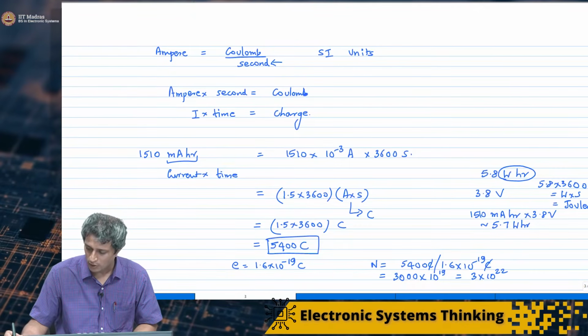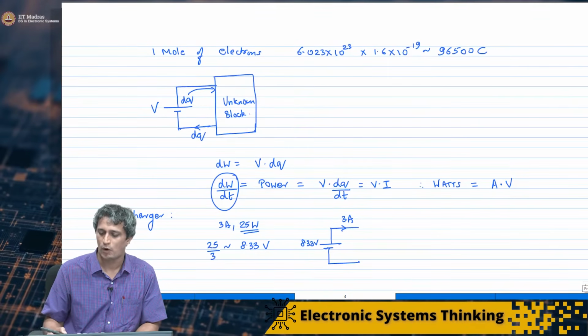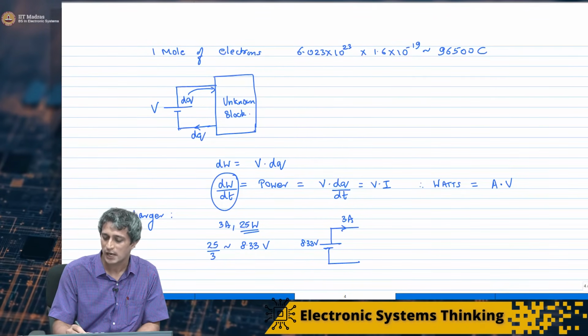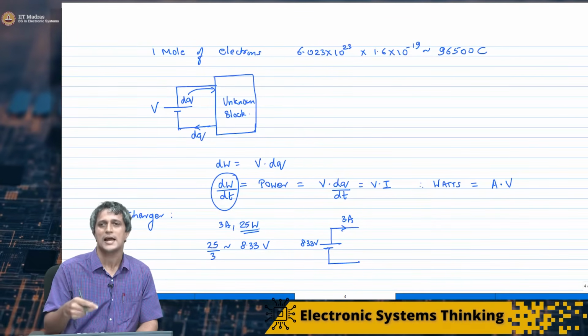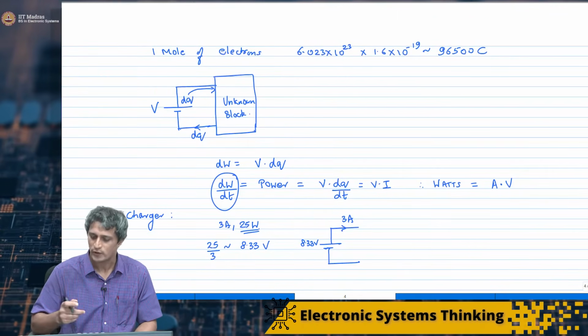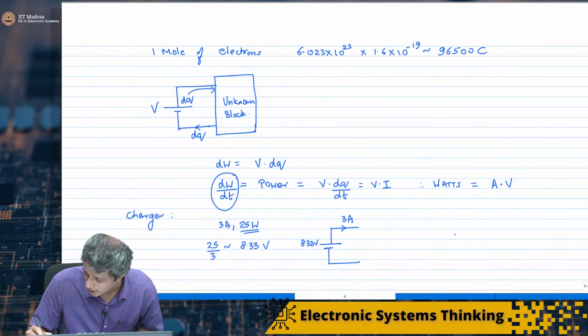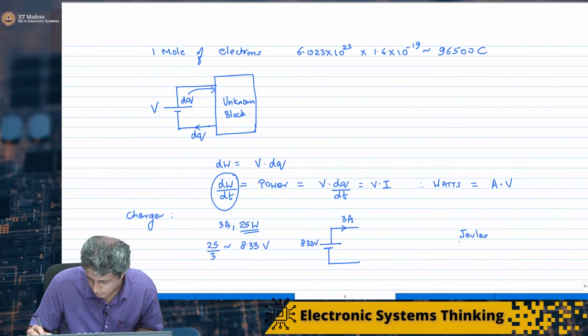And now coming back to the argument of the charger versus the battery, what we saw is that the charger is actually worried more about the rate at which energy can be pumped into this battery. You know, how fast you can charge the battery. So therefore it is joules per second.